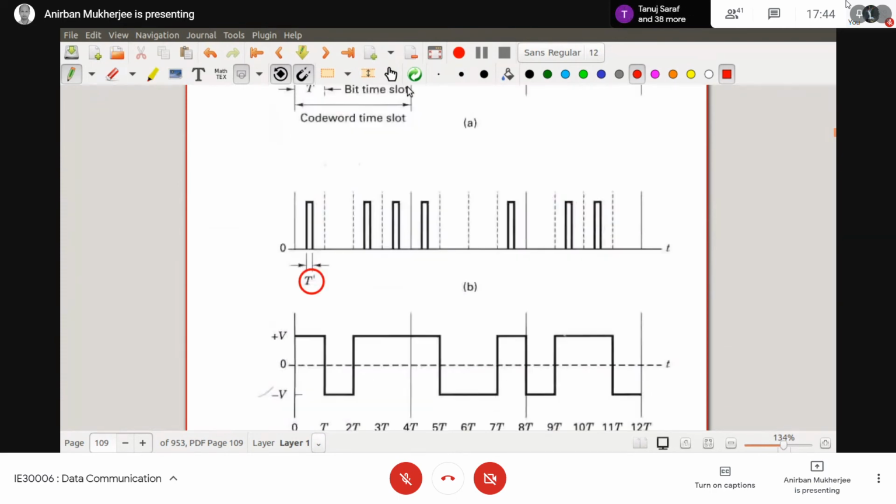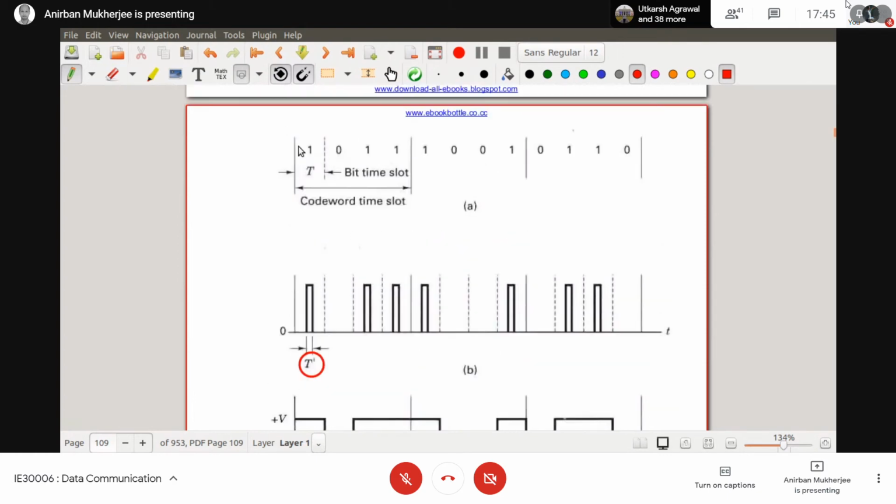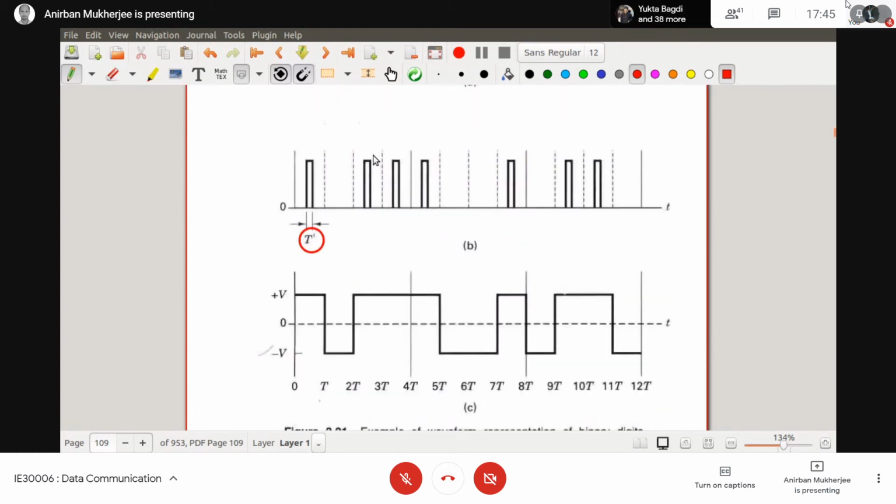Please try to understand, this is just a representation. But for the electrical waveform, I will do something like this. 1 means some plus 5 volt or plus 3.3 volt, and if it is 0 I will do minus something, 2.5 volt, and it depends on you.